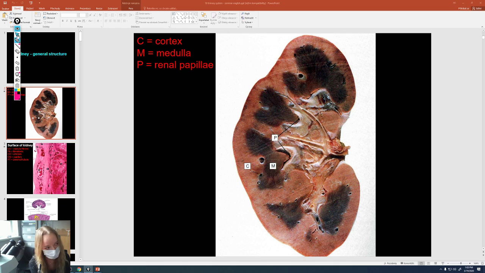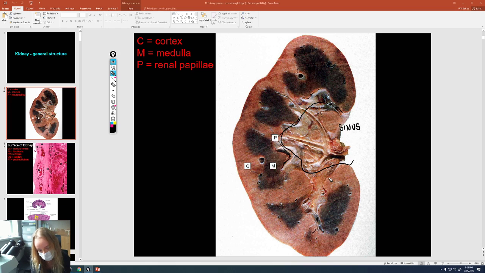I'm sorry, I'm going to try to write on it. Okay, so this is the kidney, and of course the parenchyma of the kidney is around something called the sinus. So this is the renal sinus. And in this sinus, we can see some structures.